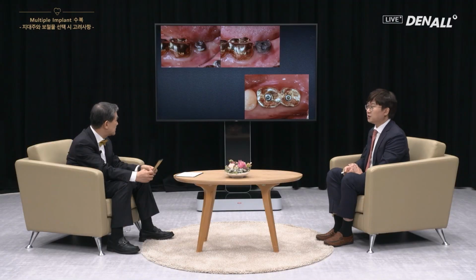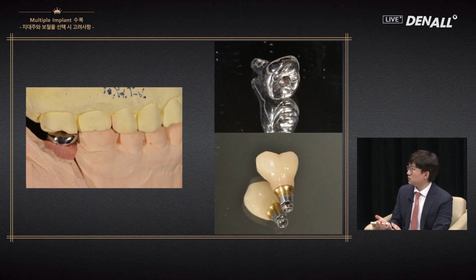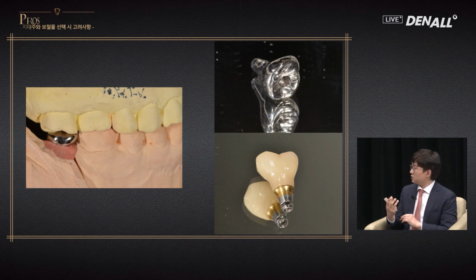My approach is, for example, in this case, the space is not too short, but in a case where the space is short, it is also dependent on the depth of the implant placement. When the implant is placed in sufficient depth, a titanium link or stock abutment can be cemented for this type of prosthesis.